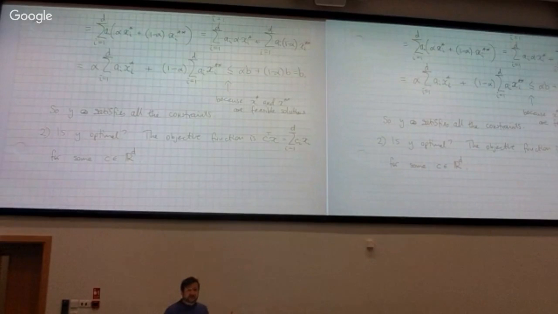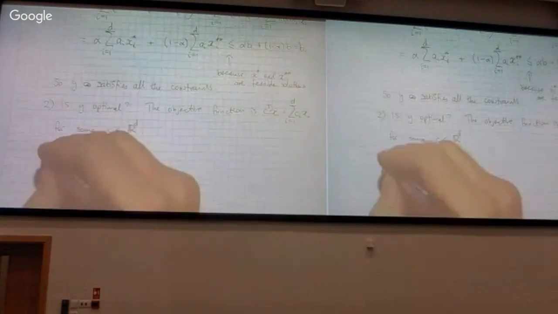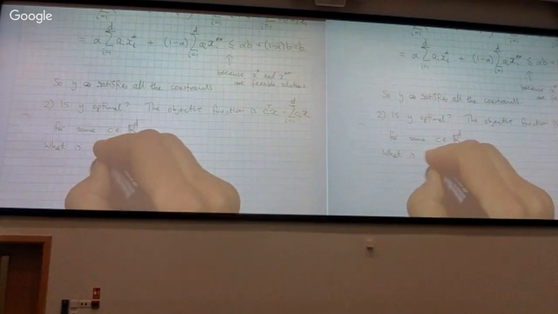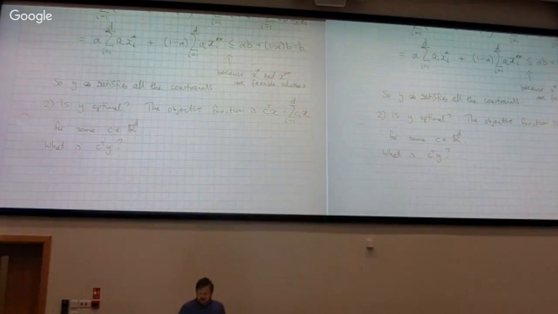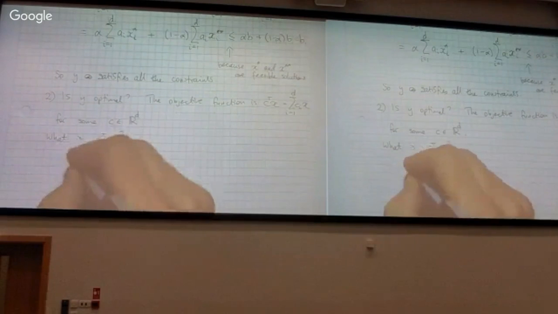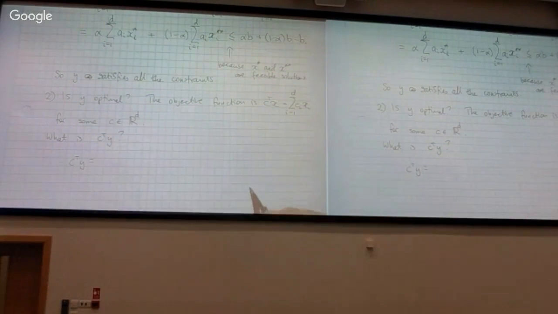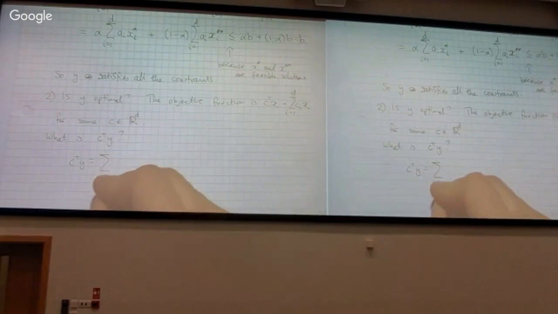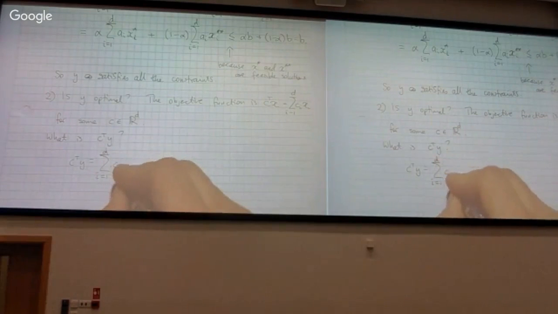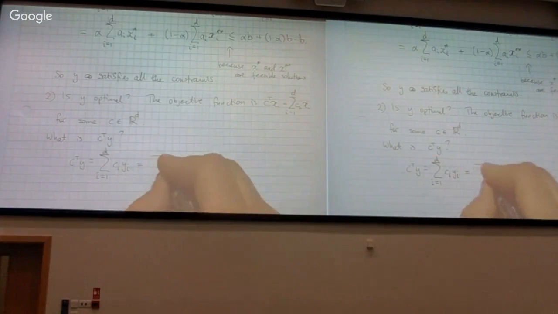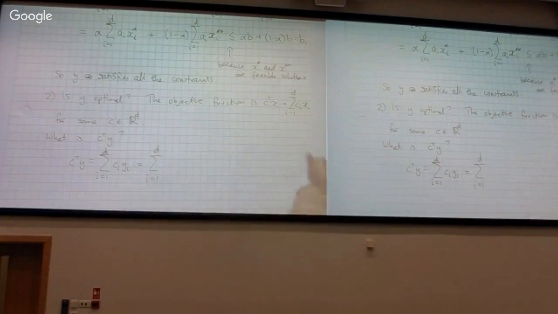Now, what is this objective for y? Well, to get the sum again, C on y, which is the sum of Ci times yi. What is yi?